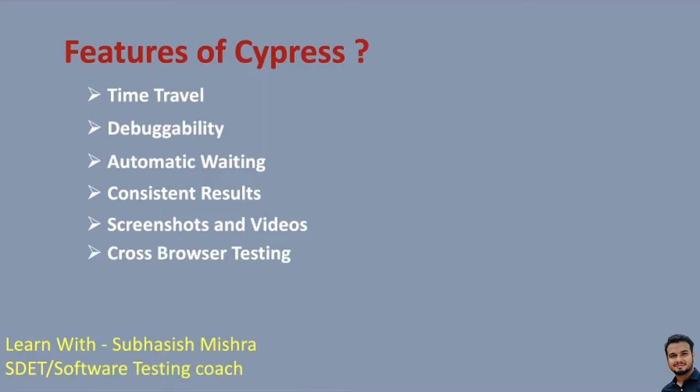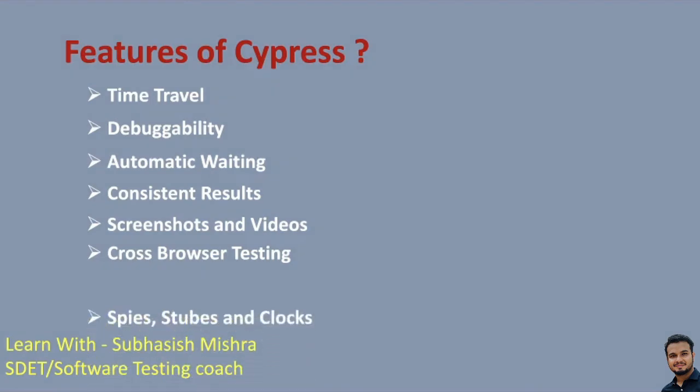If you are running Cypress tests from your local system and you have all browsers set up, you can do cross browser testing from your local system, and if required you can use a remote system or cloud services for cross browser testing. Also it can be easily integrated with continuous integration, delivery and deployment process. So CI/CD integration is also easy here.